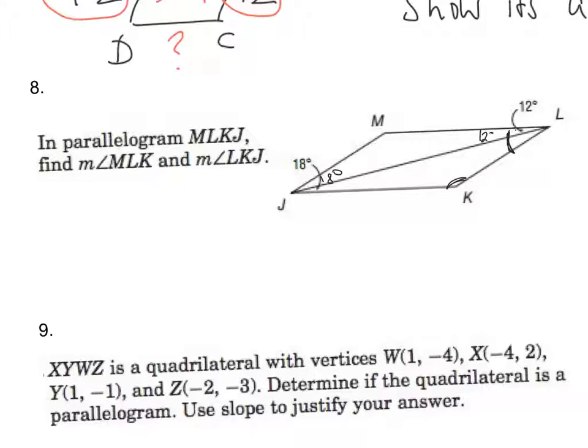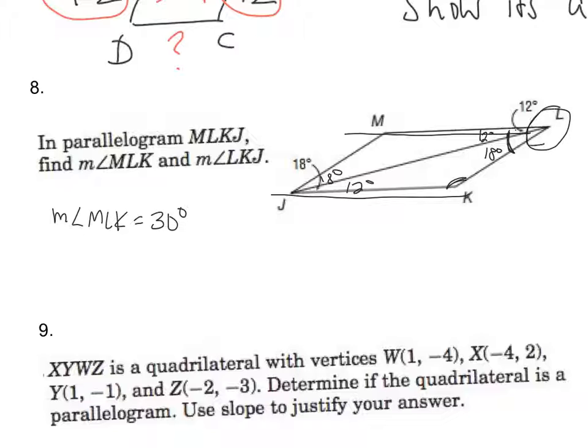Since these are parallel lines and we have this diagonal J, alternate interior angles would say this angle is 12 as well. And by the same rationale, this would be 18. So this angle in the corner is 12 plus 18, so the measure of angle MLK would just be 30 degrees.